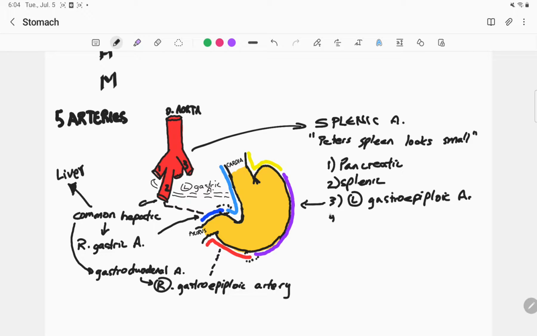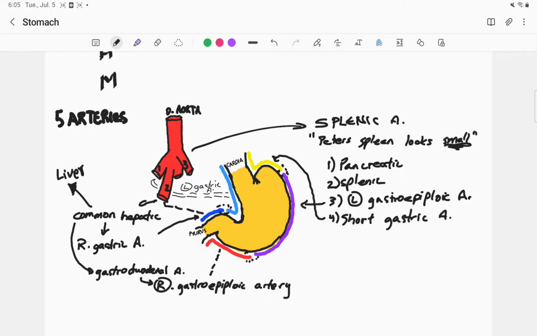And then number 4, the reason I say short here instead of small, is because we have the short gastric artery. The short gastric artery, the little yellow one here, anastomoses with the left gastroepiploic and supplies the fundus of the stomach. And so there we have it.